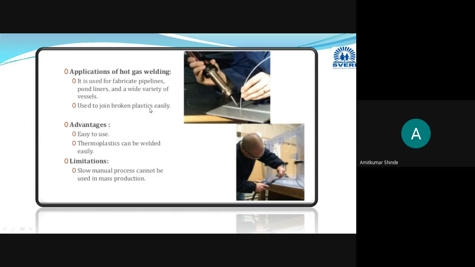Different kinds of broken plastic components, plastic pipelines, and plastic vessels can be joined. Generally, this method is used for joining polyethylene materials, nylon materials, or formaldehyde materials.